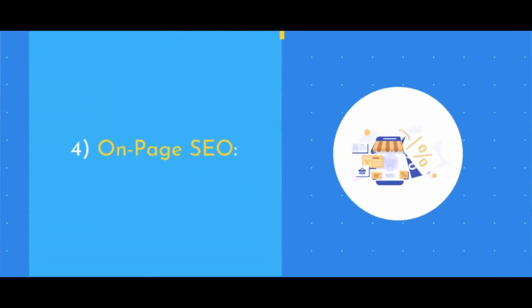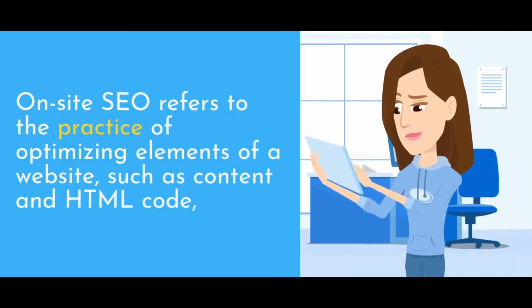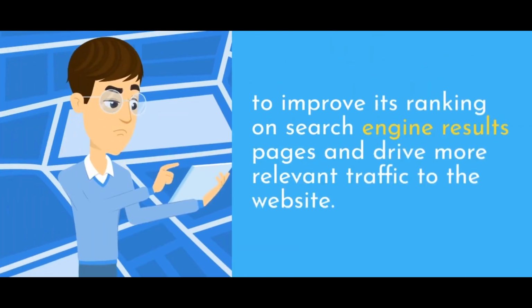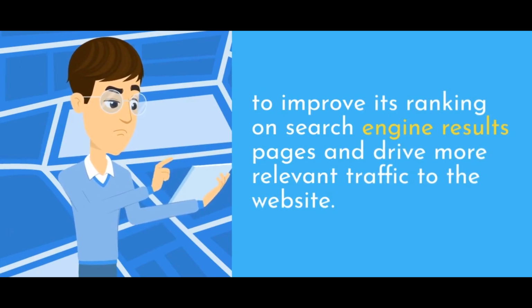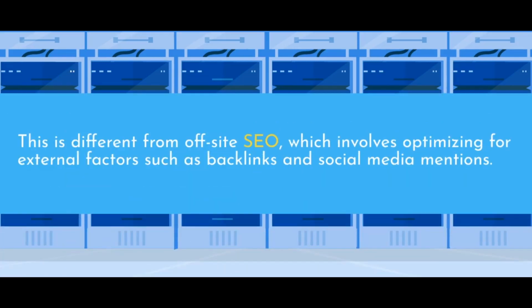4. On-page SEO. On-page SEO refers to the practice of optimizing elements of a website, such as content and HTML code, to improve its ranking on search engine results pages and drive more relevant traffic to the website. This is different from off-site SEO, which involves optimizing for external factors such as backlinks and social media mentions.